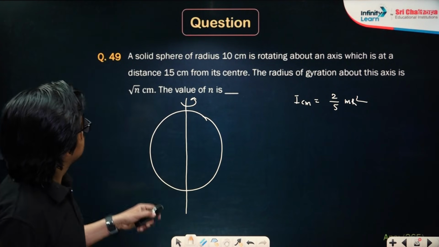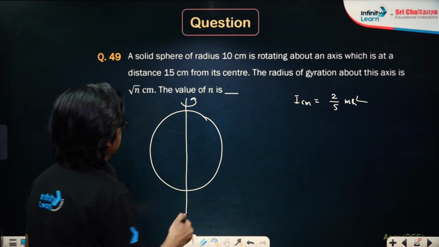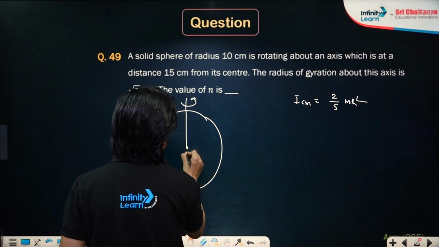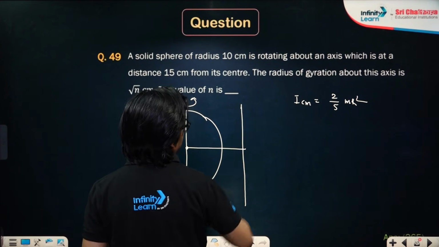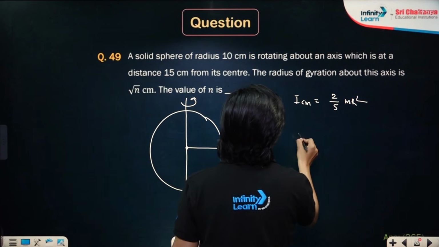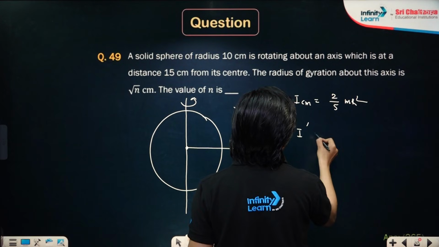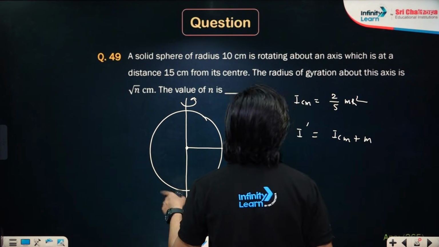Now moment of inertia about an axis which is at a distance 15 centimeter, let me call it I dash, is just equal to this ICM plus m into d square.